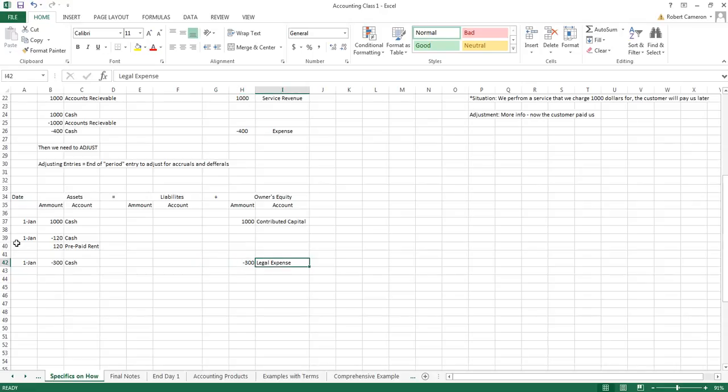The legal stuff happened in the past, it happened right away, so we're actually going to expense it because we used this legal stuff, it's done. So that's the difference, I hope you can see here, between this type of thing that we're prepaying, we haven't used, so we're not expensing it. The economic substance isn't there, but the economic substance for the legal fees to start the company, that is there.